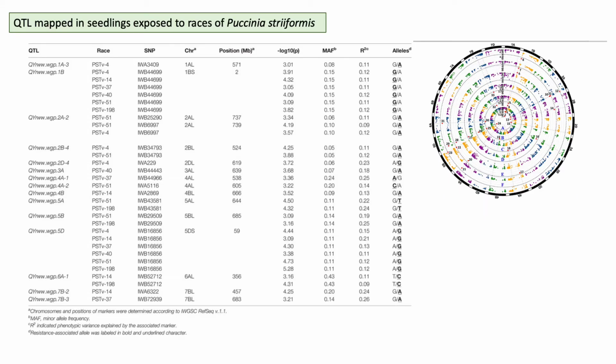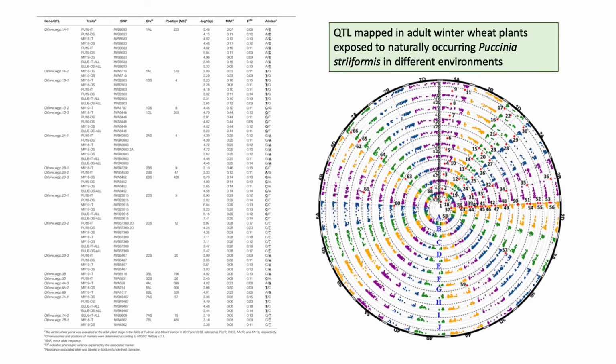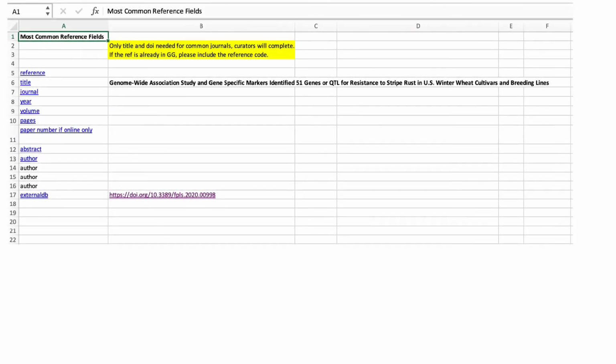The next two slides show the QTL tables indicating the significant marker, stats, and the resistance-associated allele. These were the race-specific seedling QTL. And these are the adult QTL in different environments. Data from the tables are then added to the appropriate templates.